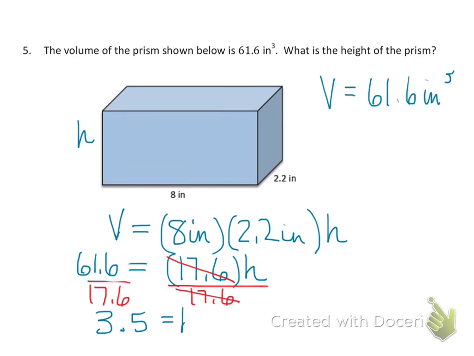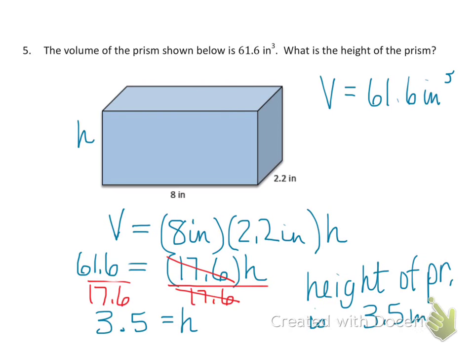And that is our height. So the height of the prism is 3.5 inches. Okay.